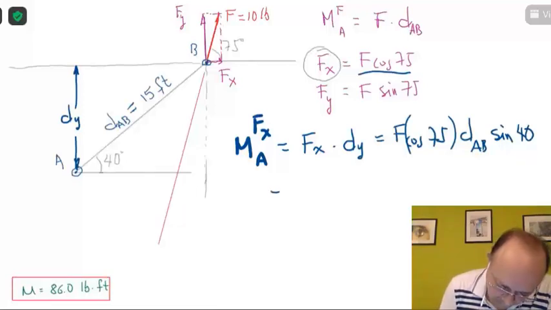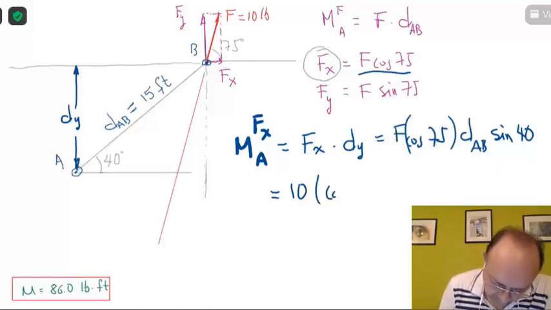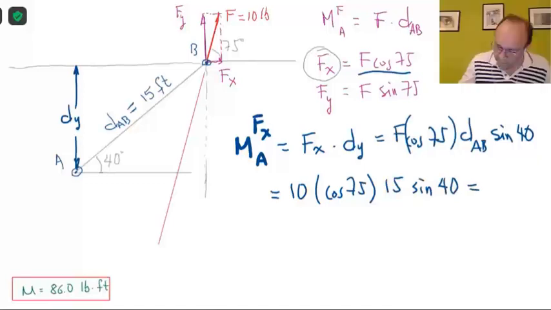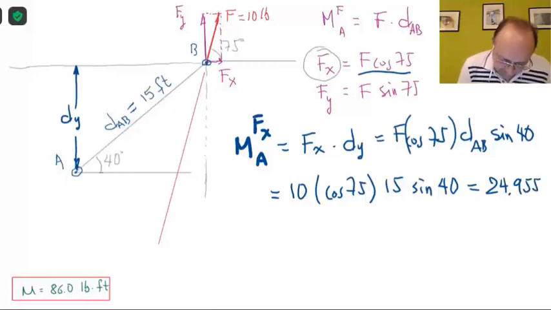So this moment will be F, which is 10 cosine 75, times dAB, which is 15 sine 40. So that moment will be 24.955.